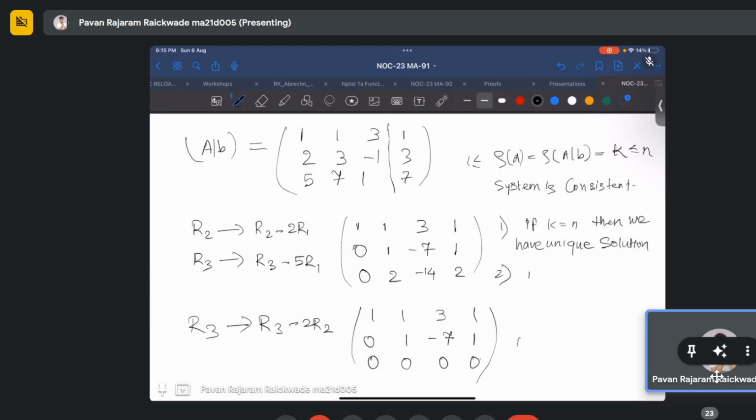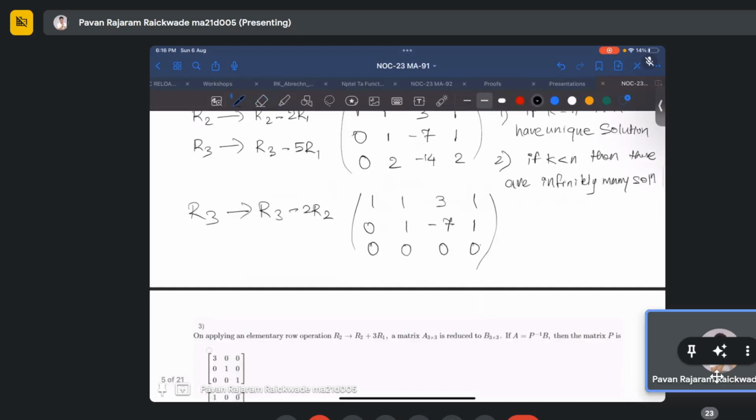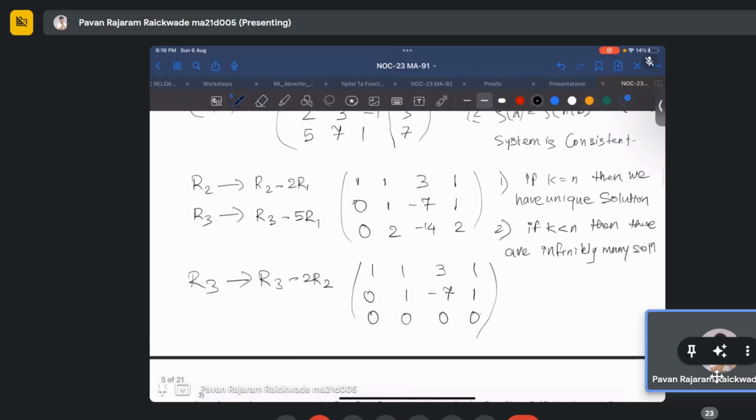And second, if K is strictly less than n, then there are infinitely many solutions. So what's the case here? We have rank of A and rank of A augmented B, this is the symbol for rank, equal to 2, which is strictly less than 3, the number of columns, so we have infinitely many solutions.